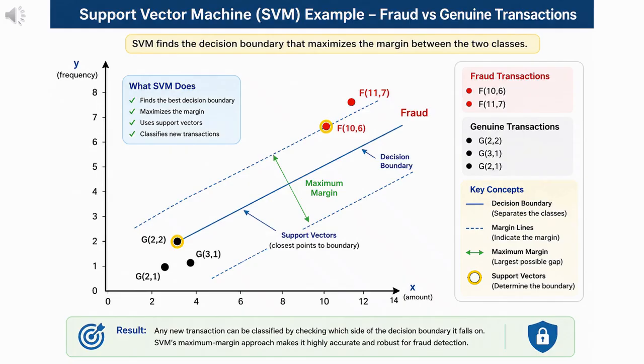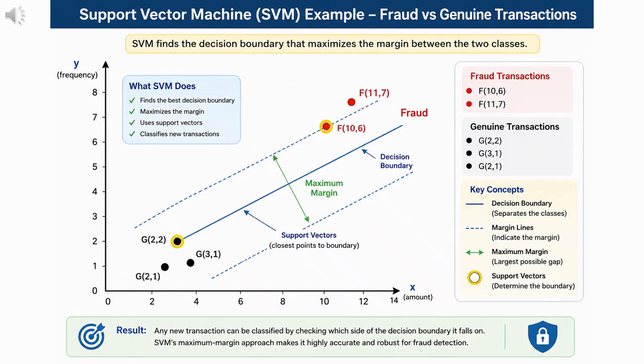Instead of simply drawing any line between these two groups, SVM finds the decision boundary that maximizes the margin, creating the largest possible gap between the two classes. The transactions closest to this boundary are called support vectors. They are the most critical data points because they determine the position of the separating line.